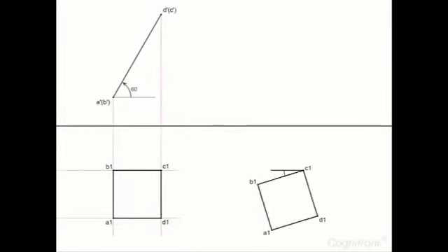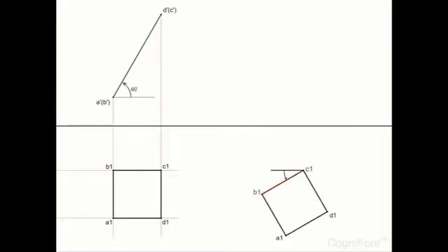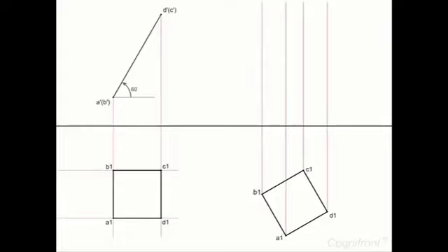Now, rotate the edge B1, C1 of the top view by an angle of 30 degrees as step 3. Draw projections from A1, B1, C1 and D1 to intersect the horizontal projections from D', C' and A', B' to get the points A2', B2', C2' and D2'.